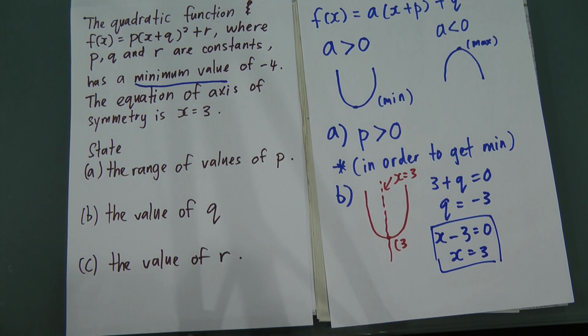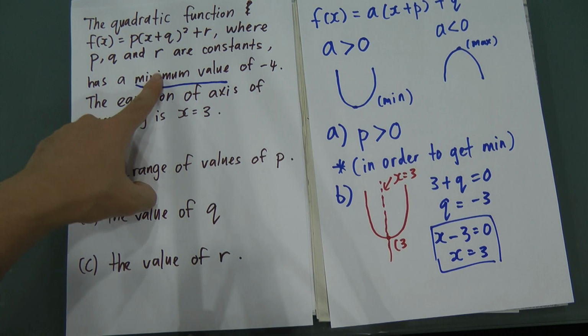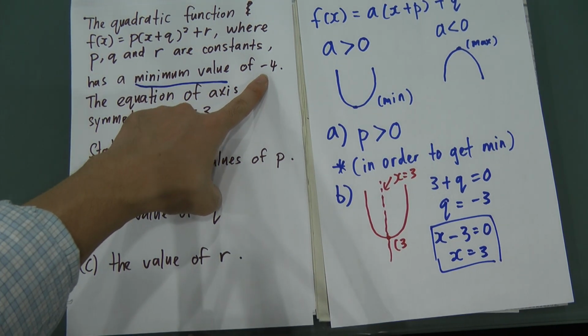Now the last part, the value of r. The value of r is very simple. It is just the minimum value, because he mentioned it has a minimum value of -4.